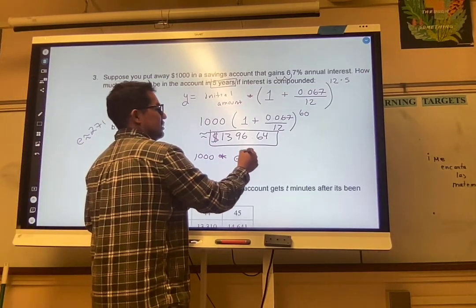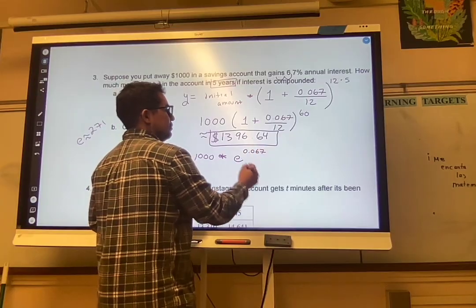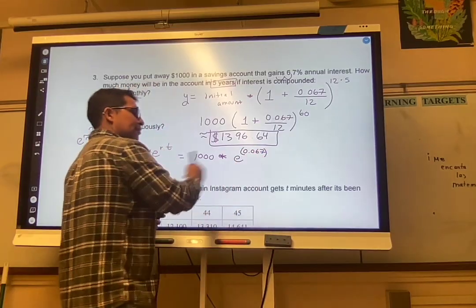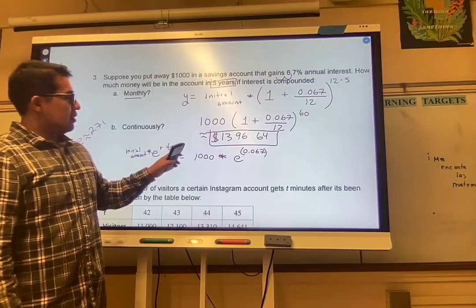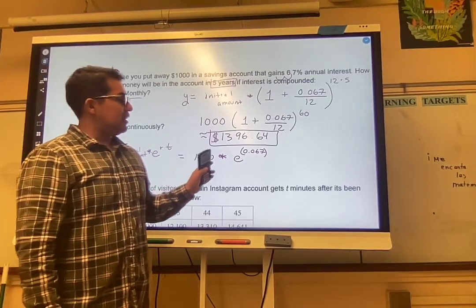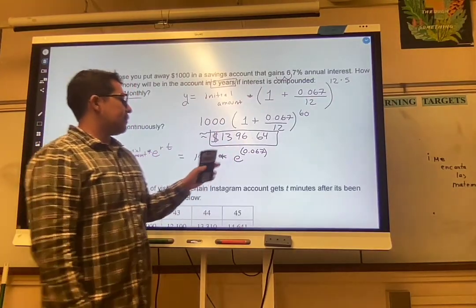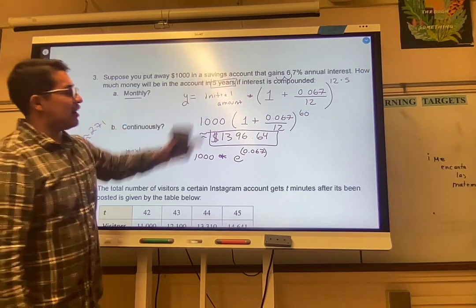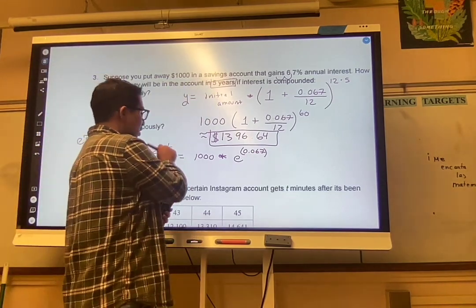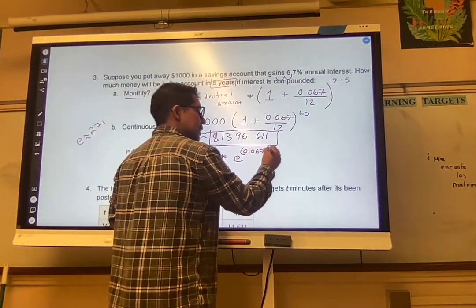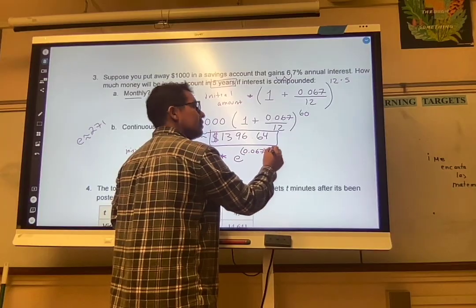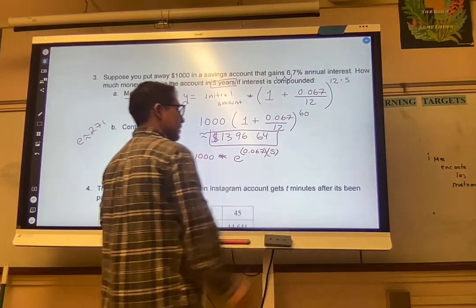So in this case, it's 0.067. And at this point, what I have here is the amount of money I would have at the end of a year with that annual interest rate. But I need it over the course of 5 years. So as the formula dictates, it's R times T. So up in the exponents, I'm going to multiply 0.067 times 5, because it's happening in 5 years.